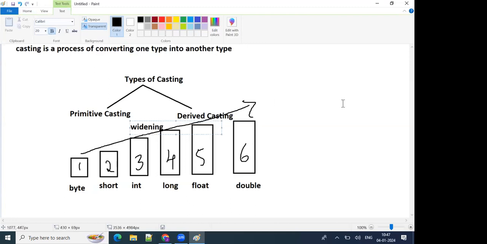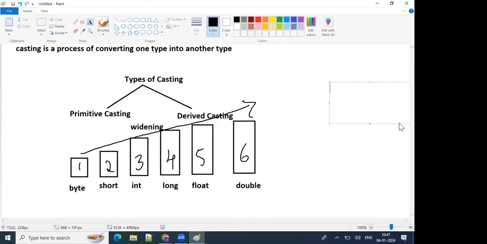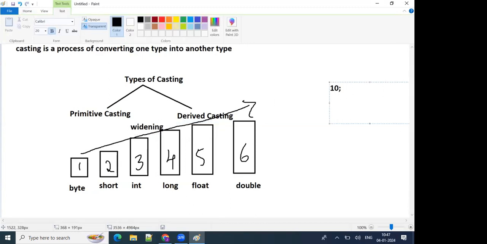So how to convert this? Suppose you take integer data and you try to store it in a double value.